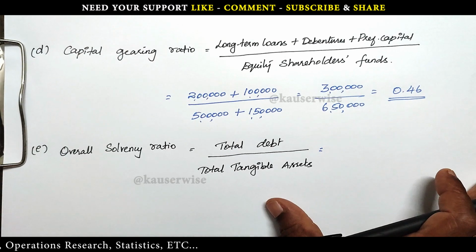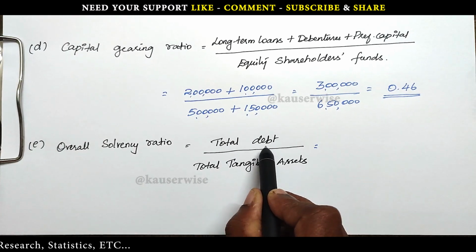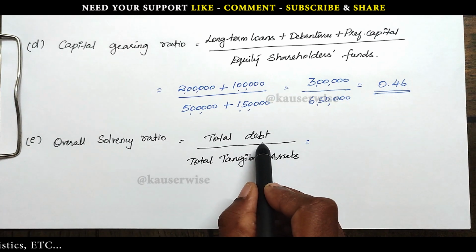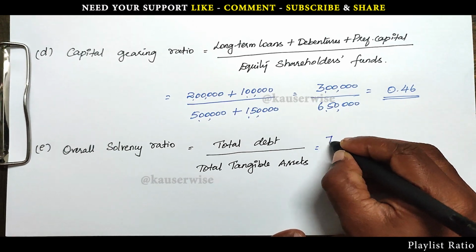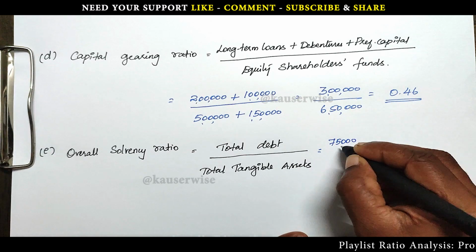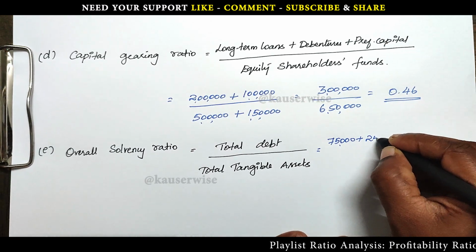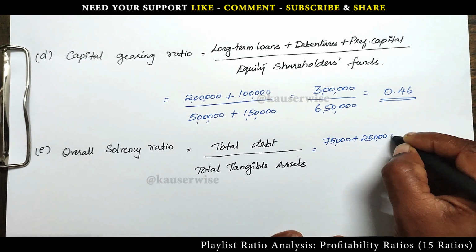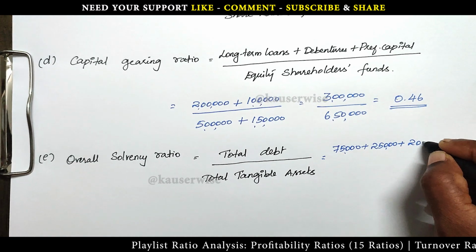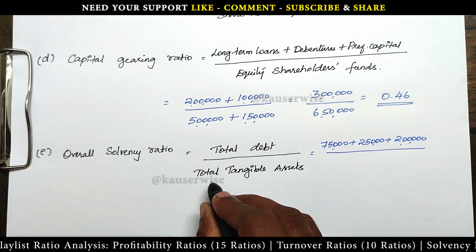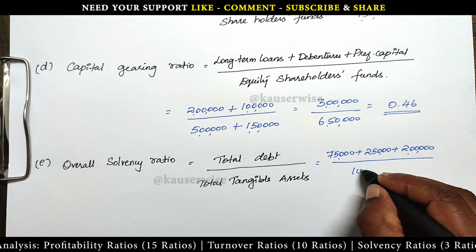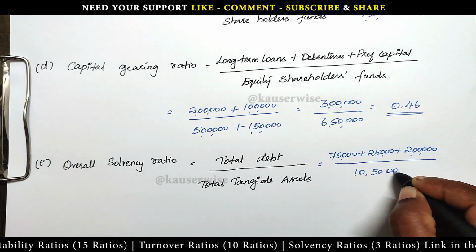Now see the solution. Total debts, that is short-term debt plus long-term debt. Short-term debts are creditors 75,000 plus bank OD 25,000 plus debentures 2 lakh, divided by total tangible assets, how much? 10 lakh 50,000.